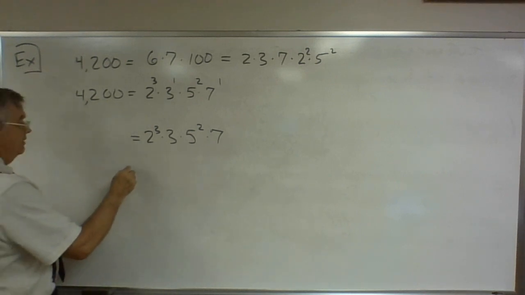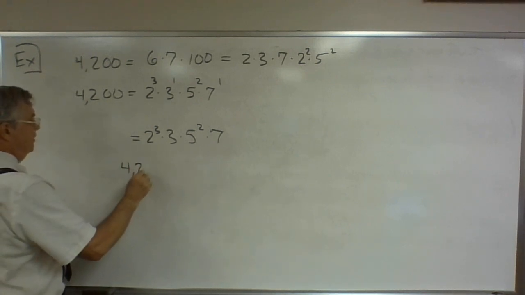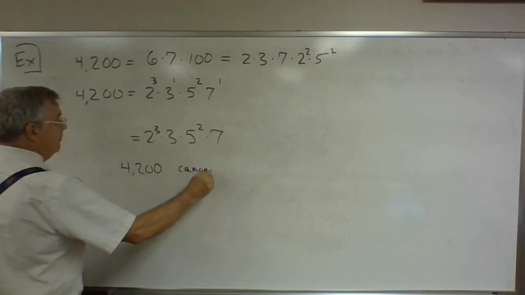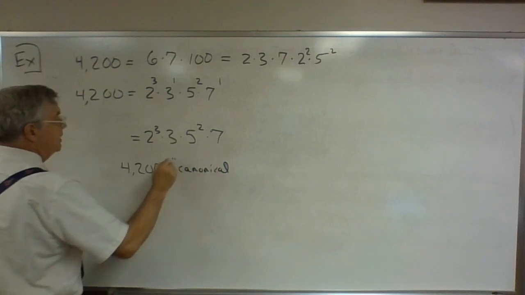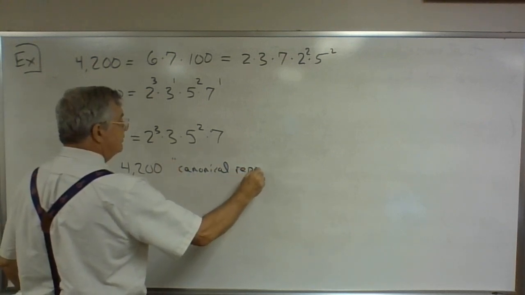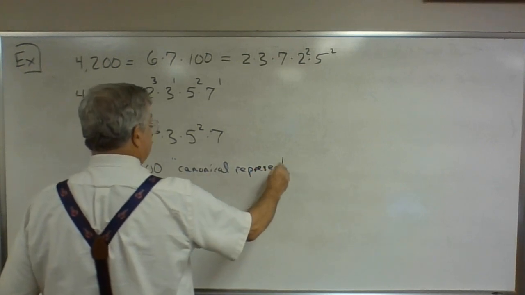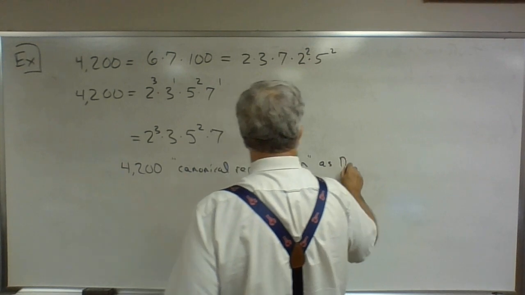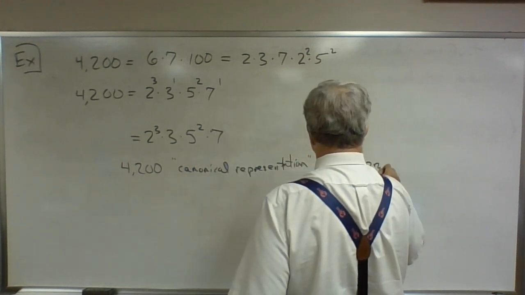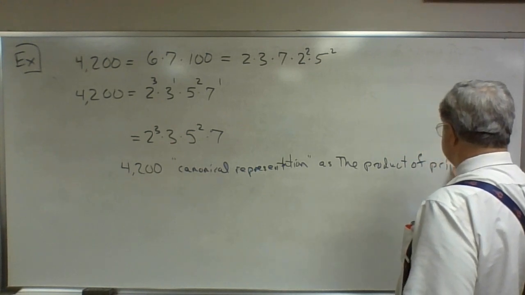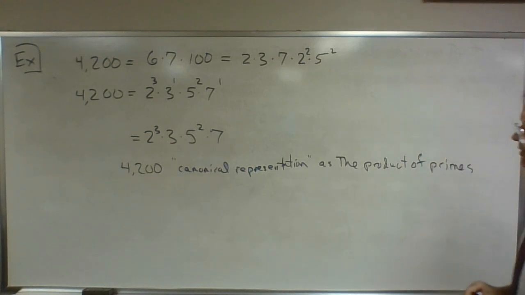So this is the canonical representation as the product of primes.